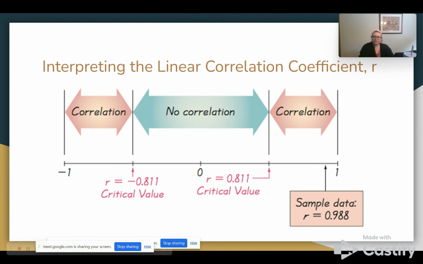This is a way to see if your R is between negative 0.8 and positive 0.8, that's really not a good correlation. It's pretty weak, even though we think 0.8's pretty high. When you look at a graph and the R was that low, your points would be pretty spread apart.